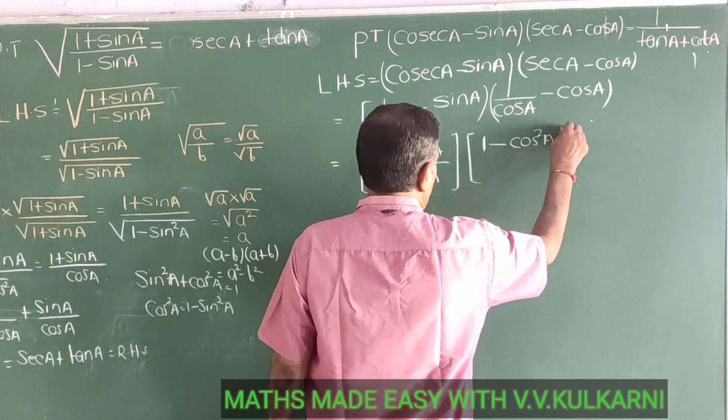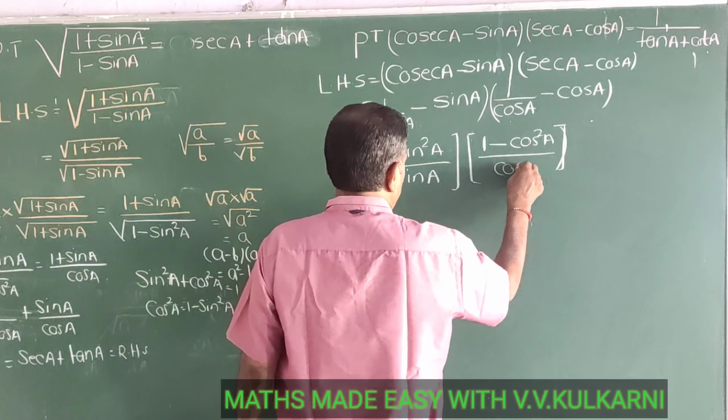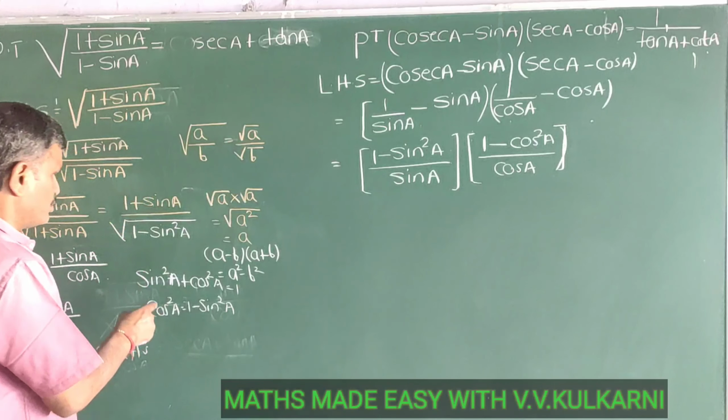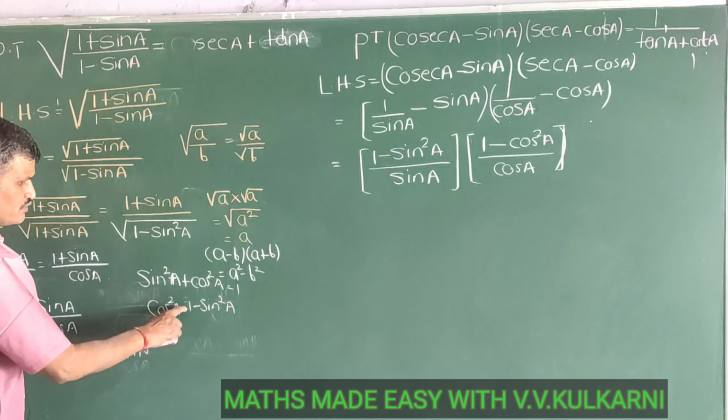by cos a. So children, if I simplify, 1 minus sin square a, just now I told you the formula, sin square a plus cos square a is 1. So cos square a is 1 minus sin square a.